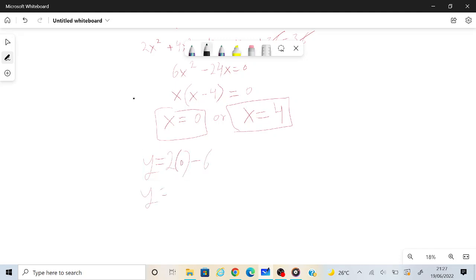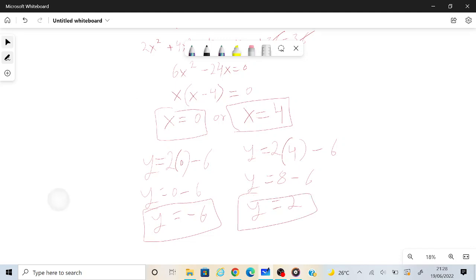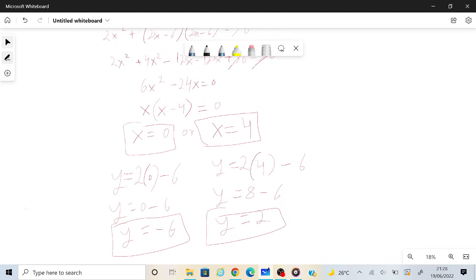Y is 0 minus 6. Y is equal to minus 6. And when x is 4, y is 2 into 4 minus 6. Y is 8 minus 6. Y is 2. Those are your answers, two corresponding answers to both x and y values.